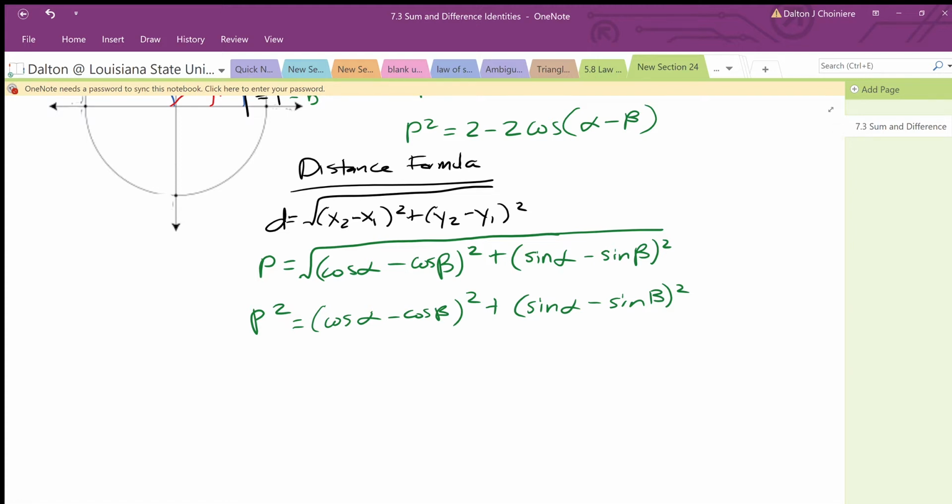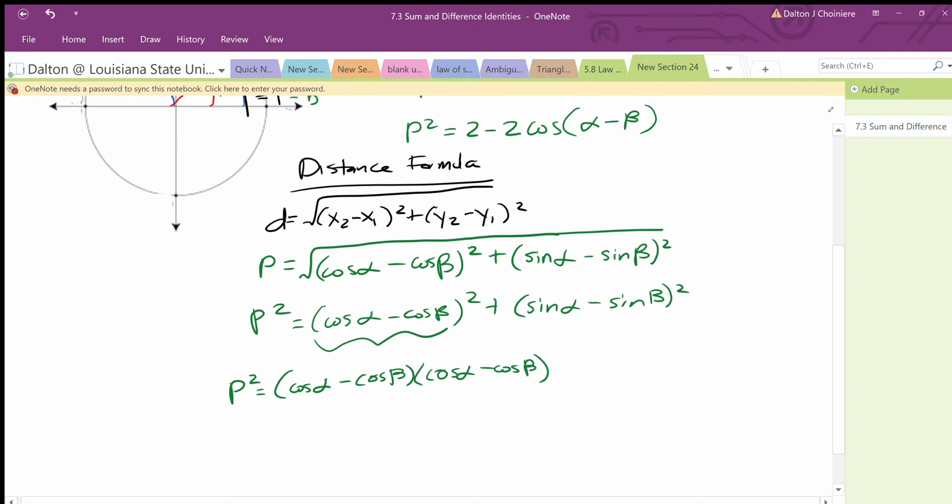So what I want to do is I actually want to square out these binomials. Now, some of you might be able to square these terms in your head. Some of you may need to see it written like this. Cosine alpha minus cosine beta squared means cosine alpha minus cosine beta times itself. Right?